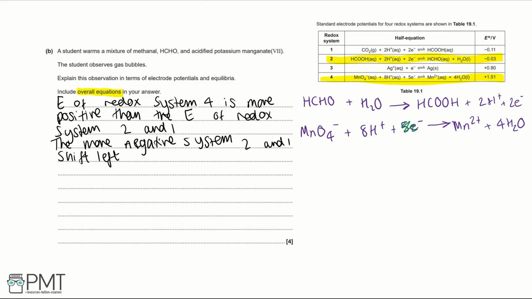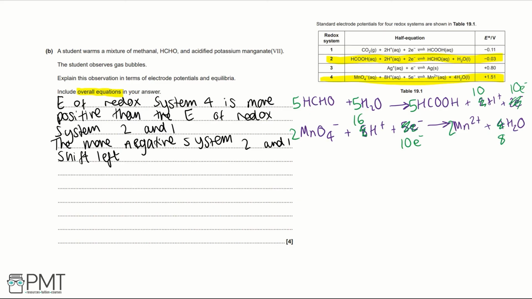The common number between 5 and 2 is 10. So we multiply the top equation by 5, so we have 5, 5, 5, and then 2 times 5 is 10. On the bottom, we multiply everything by 2, so we've got 2, then 16, 2, and 8.